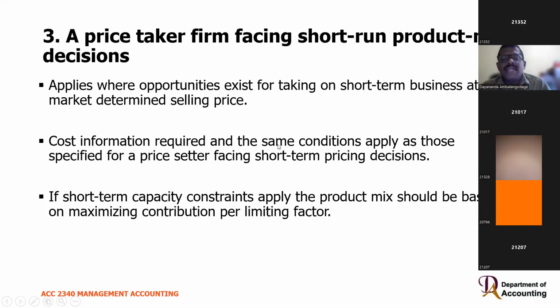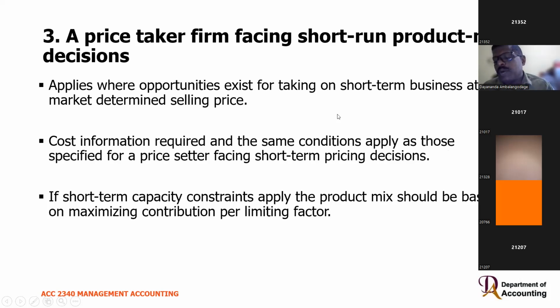Cost information required and the same conditions apply as those specified for a price setter facing short-run pricing decisions. What is important is the relevant cost for you to make the decision. In the short term, capacity constraints apply. The product mix should be based on maximizing contribution per limiting factor. If there is a capacity limit, you produce whichever item maximizes the contribution.